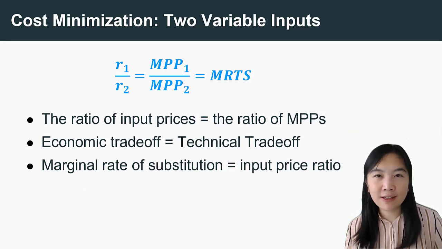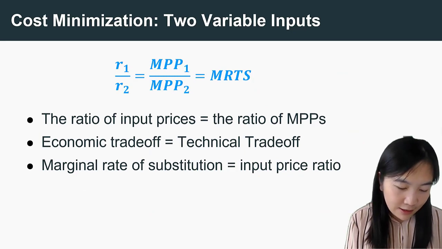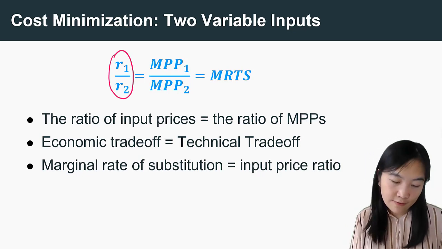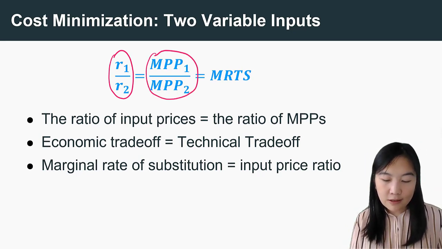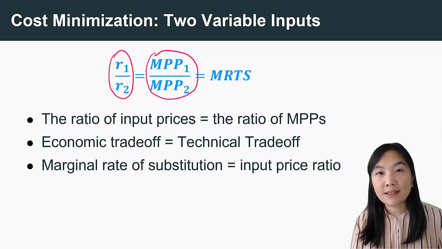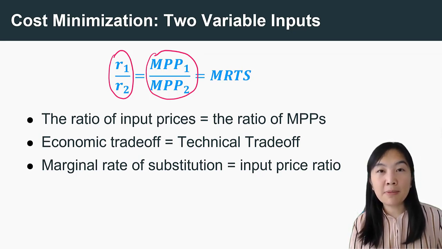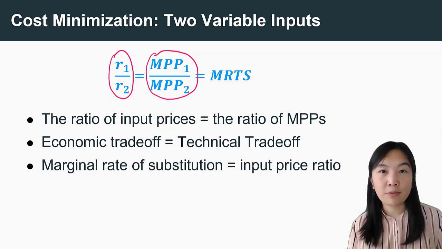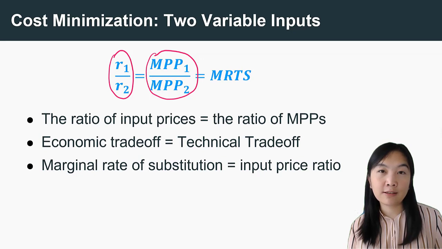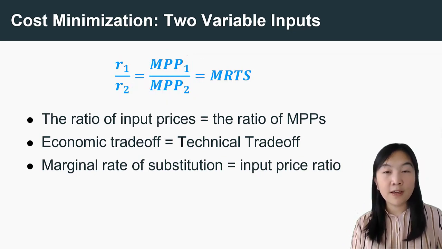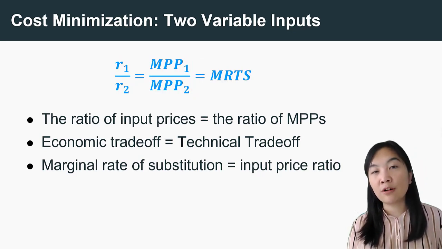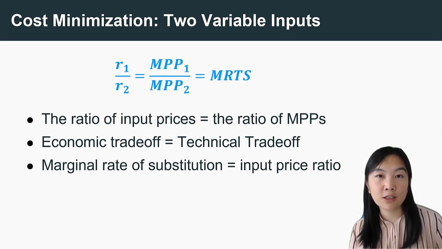Let's take a closer look at the optimality condition here. The ratio of the input prices is equal to the ratio of the MPPs. One interpretation is that in order to minimize costs, the producer should produce where the economic trade-off is equal to the technical trade-off. The economic trade-off is the two input prices, whether you're using more of X1 or more of X2.